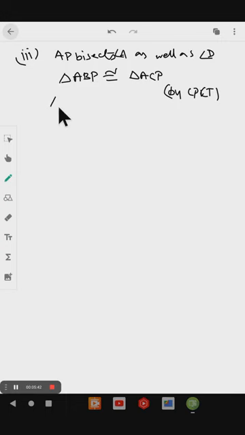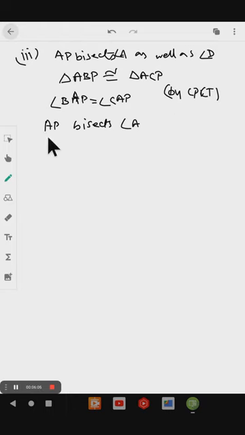So angle DAP equals angle CAP by CPCT. When the angles are equal, the line AP bisects angle A. So one thing we proved.